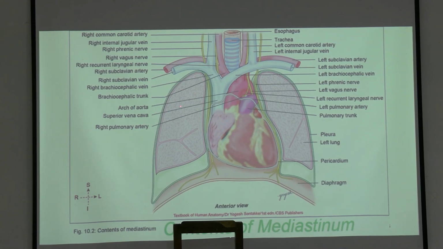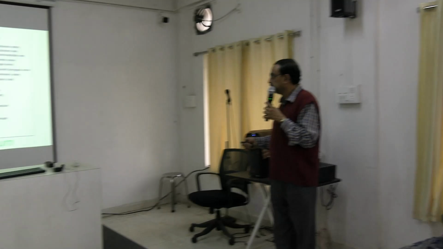So we can imagine a plane here, because the starting point and ending of the arch of aorta, this level is the level of the sternal angle, and this is the division. So in the superior mediastinum, we can find so many structures.